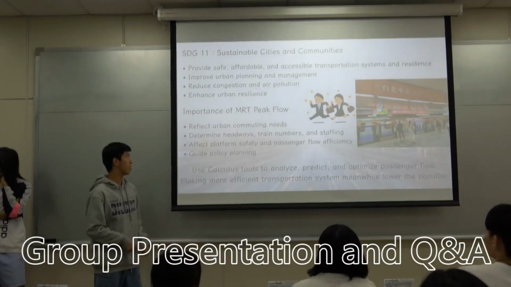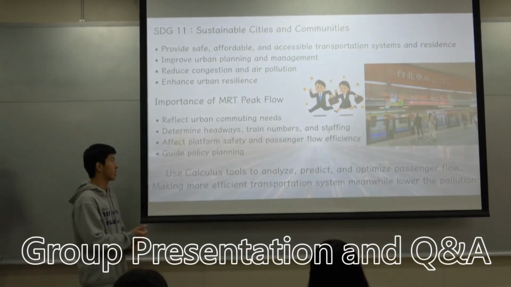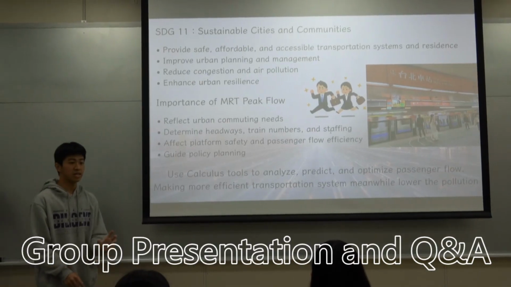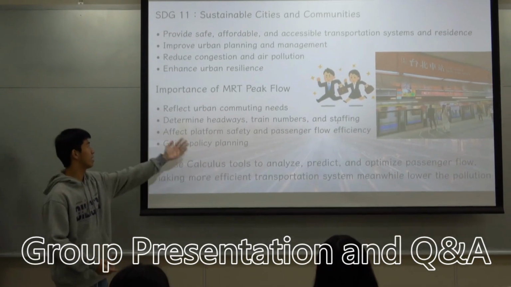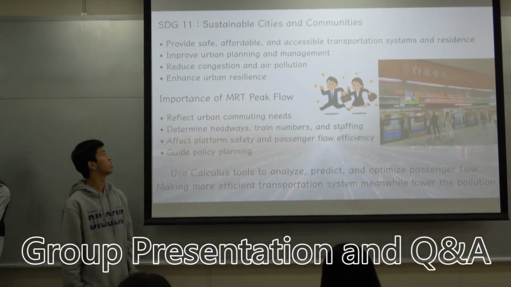We need to talk about why MRT peak flow is important, because it determines the main thing, the headway. What is the headway? It means the time interval between two trains. After knowing the headway, it will reflect the urban commuting needs.